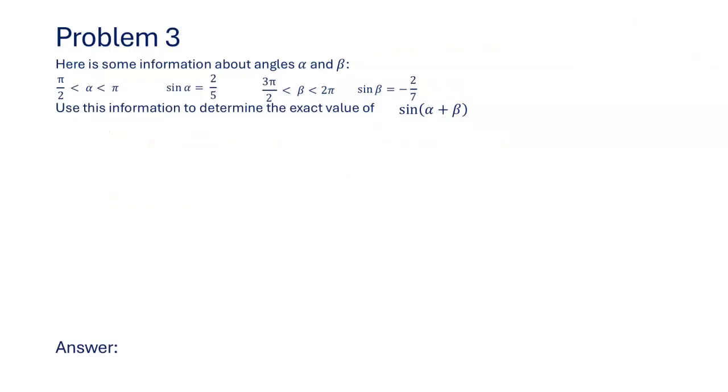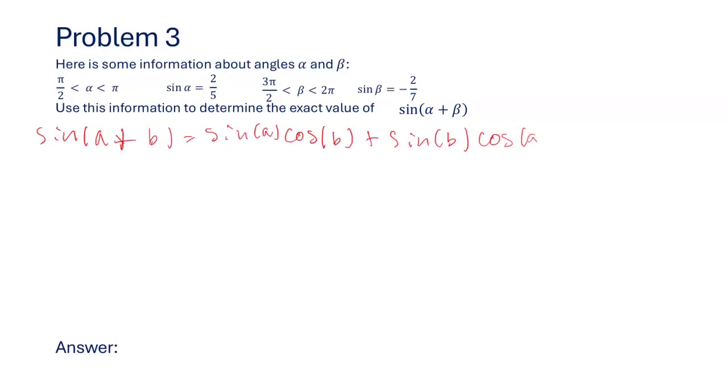So we're going to have to use the sum identity, which basically states that sine of two things in addition, so sine of a plus b equals sine of a cosine of b plus sine of b and cosine of a.